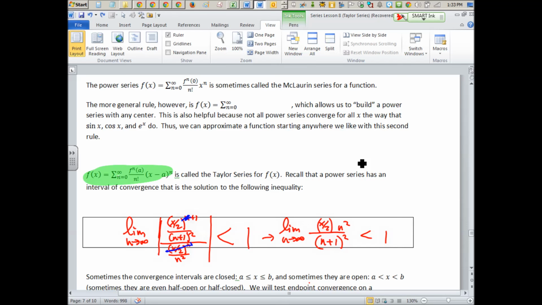You can even pull out the absolute value of x over 2. And then you ask yourself, when is this true? Well, what is the limit of n squared over n squared plus 2n plus 1? That limit is 1.